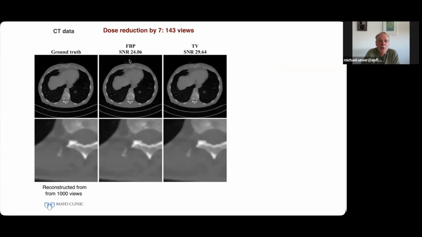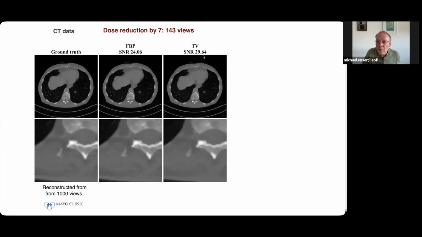Here's a case of CT reconstruction where we reduced the number of views by 7. If you do a filtered back projection, so it's this L2 minimization, you get that kind of reconstruction. Here is the signal to noise ratio. If you use compressed sensing, you get this, much better.